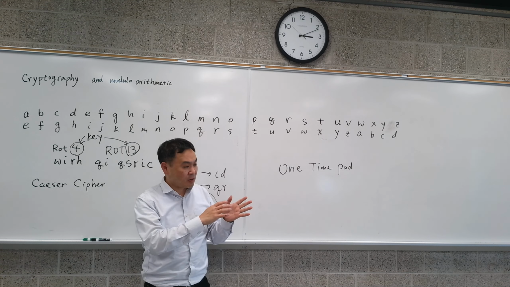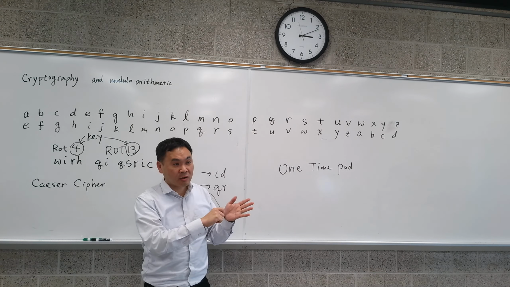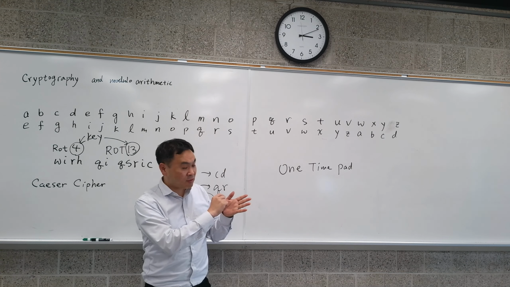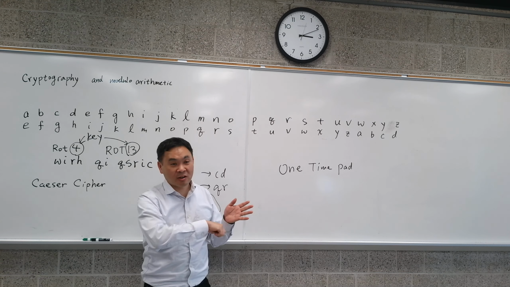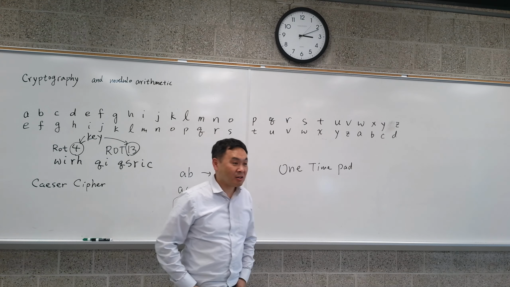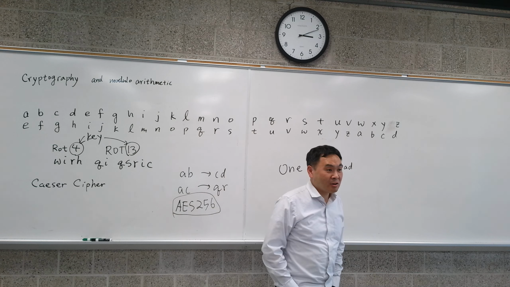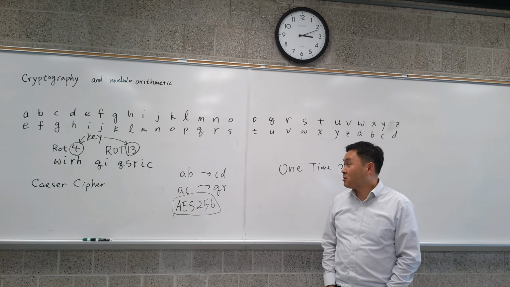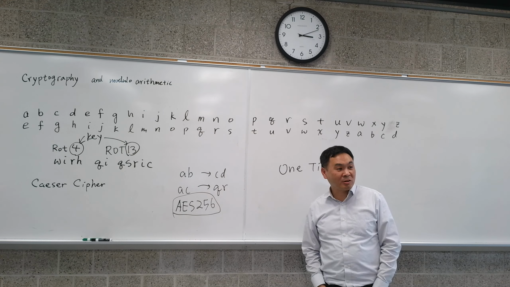It's a small notebook where for each day they have the numbers that they use. Once they use it, they rip it out and throw it away. They have different keys for different dates, so that even if the enemy figures out what the key for that day is, they wouldn't know what happens afterwards.